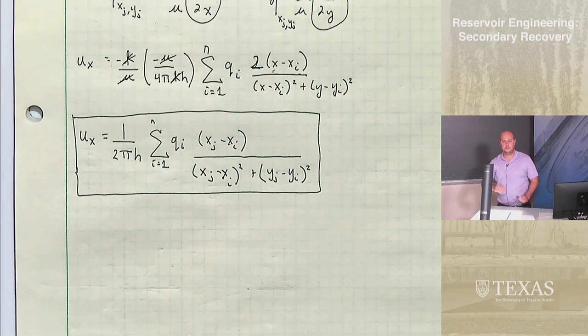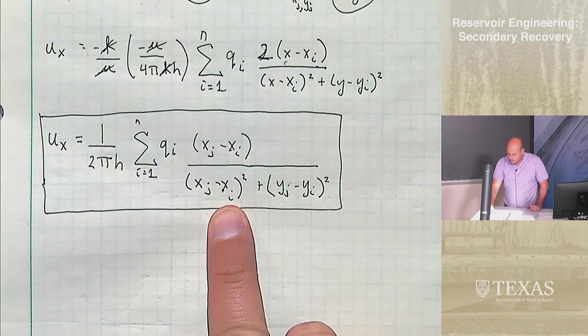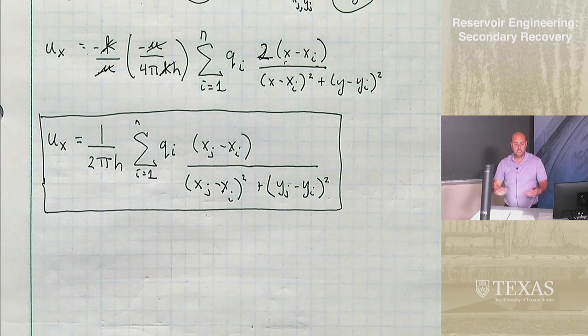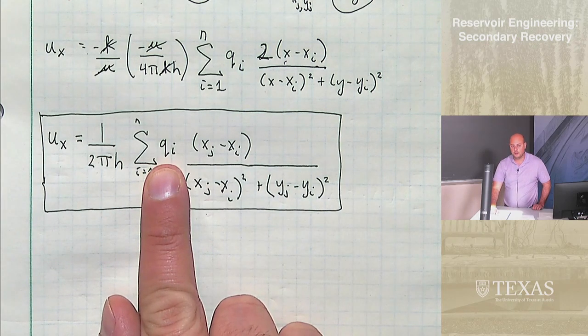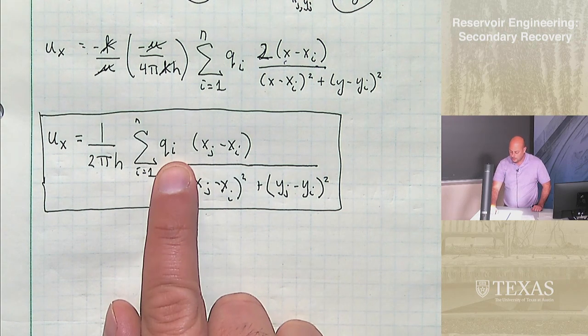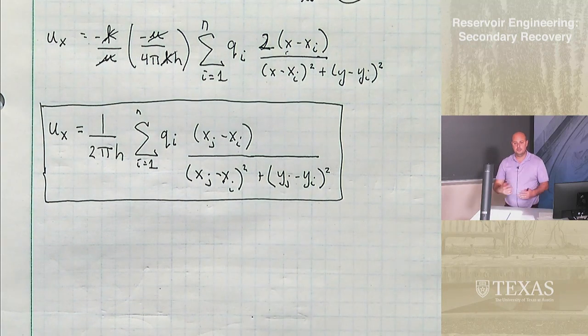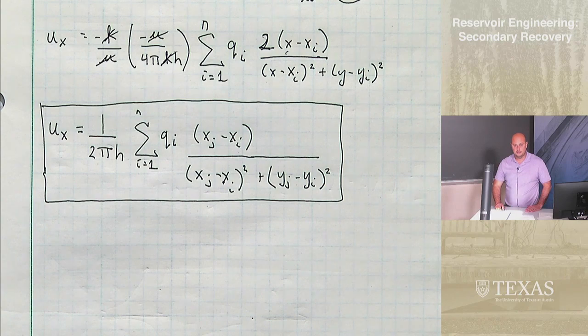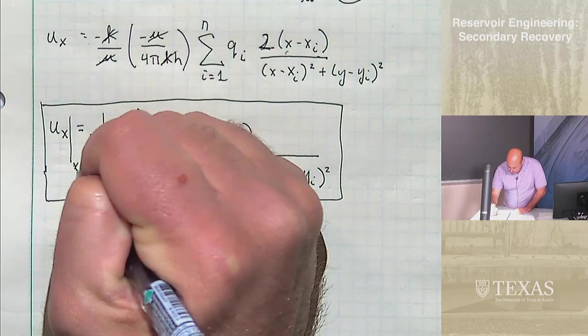Let me make a few comments about this equation. xi, yi is the location of each of the i wells. There could be more than one. Qi is the constant production or constant injection rate of the well at i. xj, yj is the position at which I'm interested in calculating the velocity.